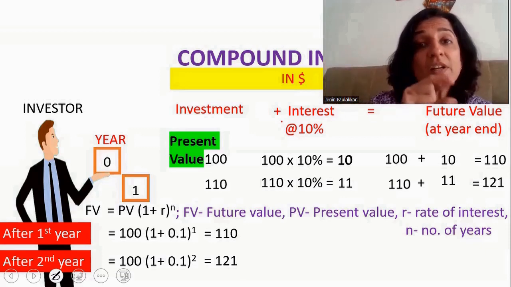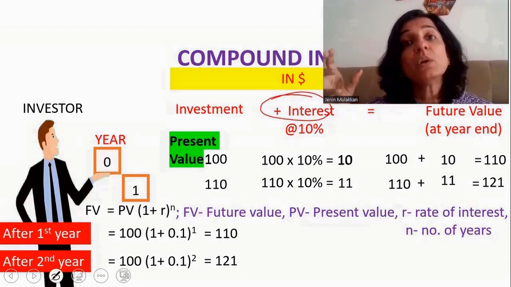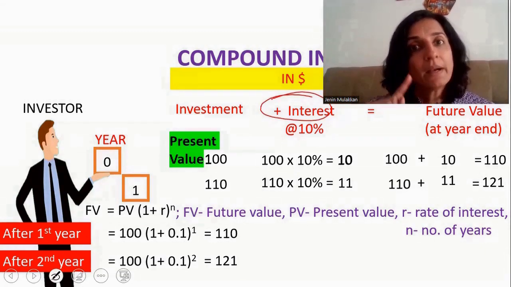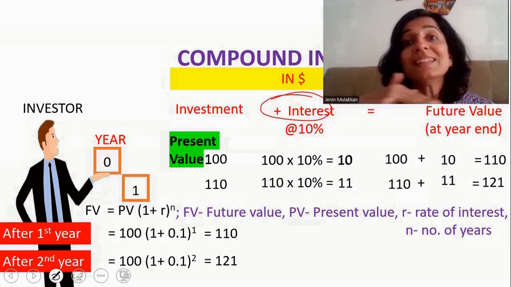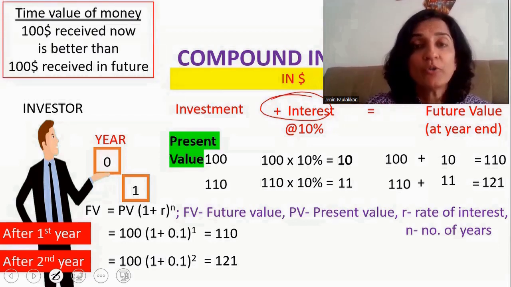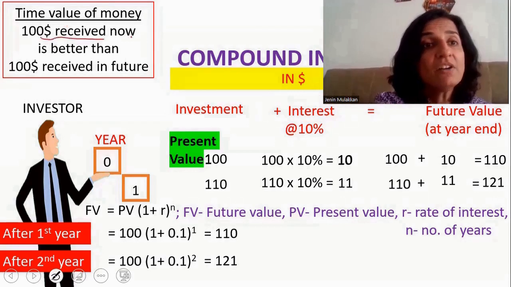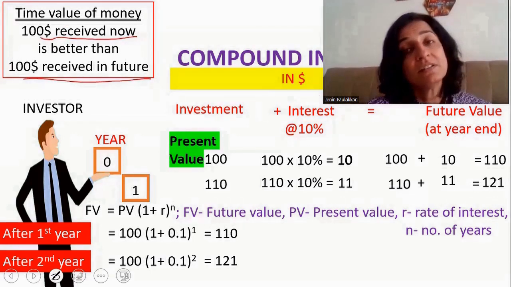Because $100 received now will earn interest and it will get converted to a higher amount in future. But if we receive $100 after 2 years, then basically we are losing the interest in the intermittent period. So this is known as the time value of money, or $100 received now is better than $100 received in future.